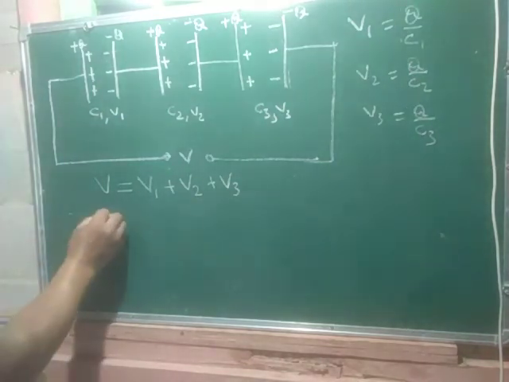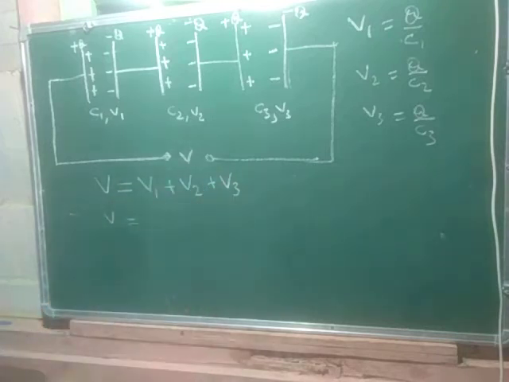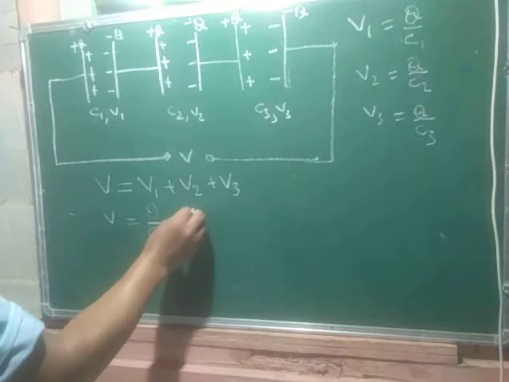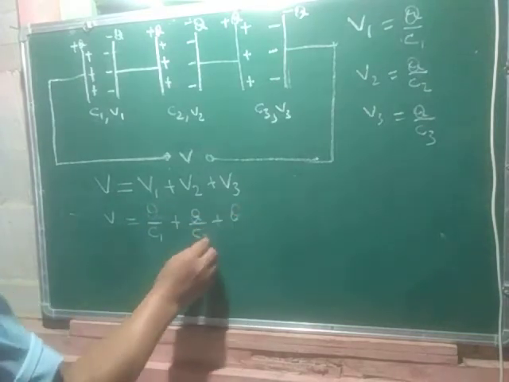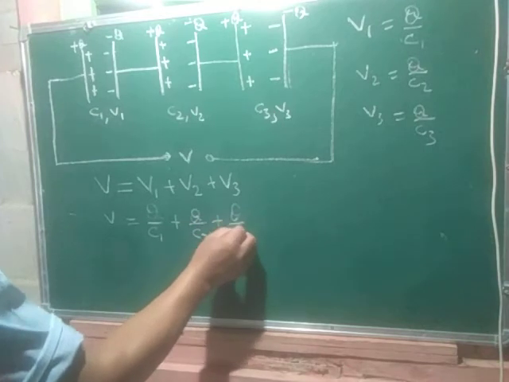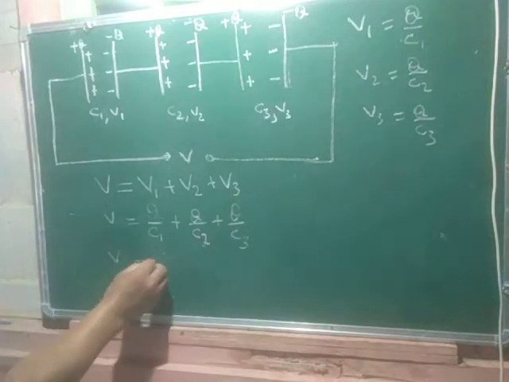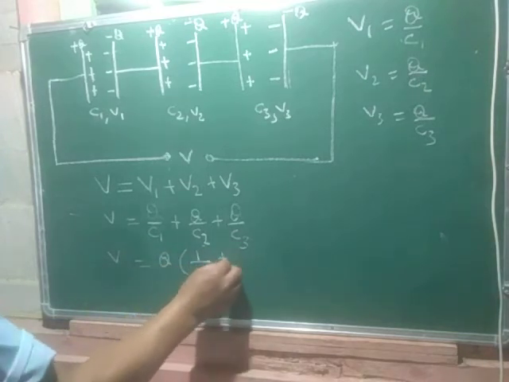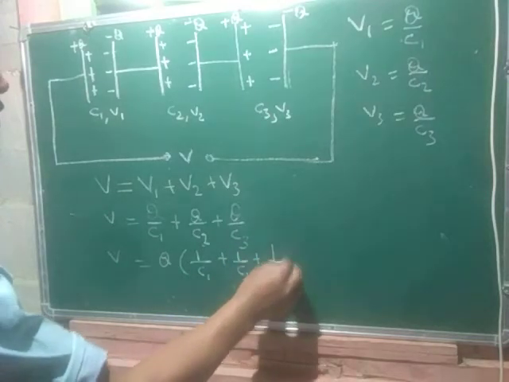Substituting the values of V1, V2, V3, we get V equals Q by C1 plus Q upon C2 plus Q upon C3. Next, taking Q common, inside the bracket you have 1 by C1 plus 1 by C2 plus 1 by C3.